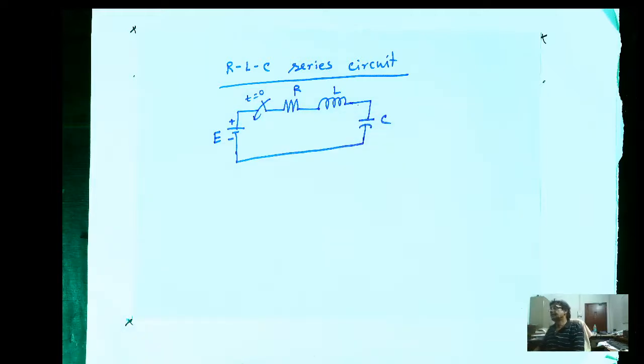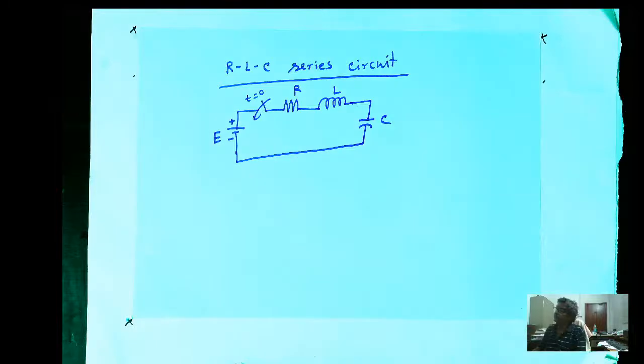Here it is expected there will be transients because there are two energy storing elements, and we also expect that the resulting differential equation will be what?